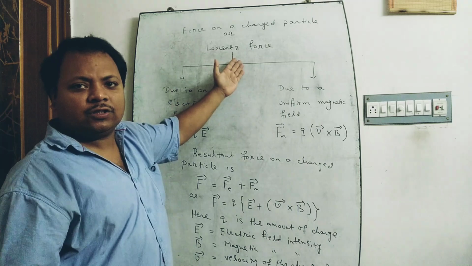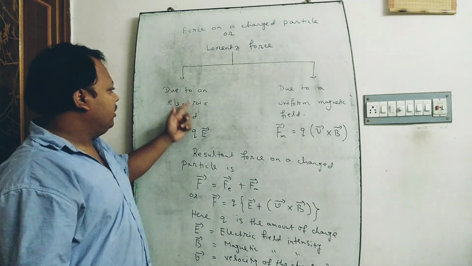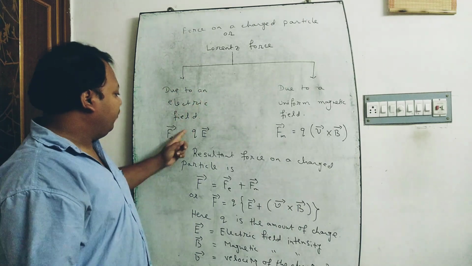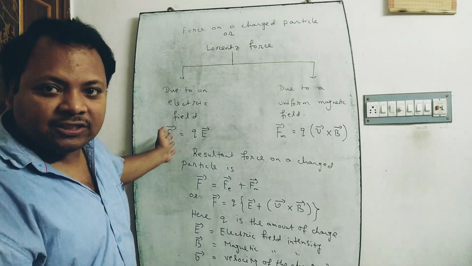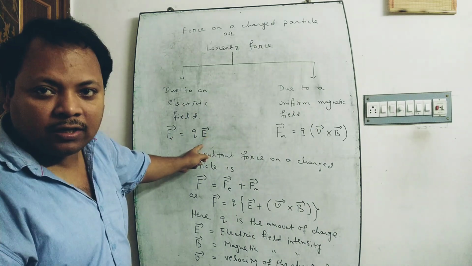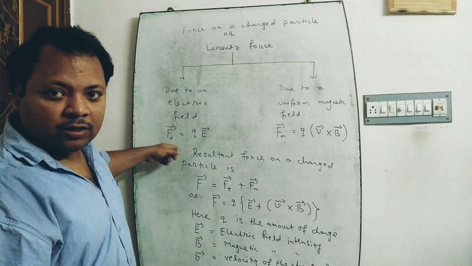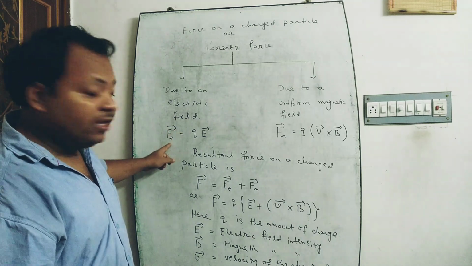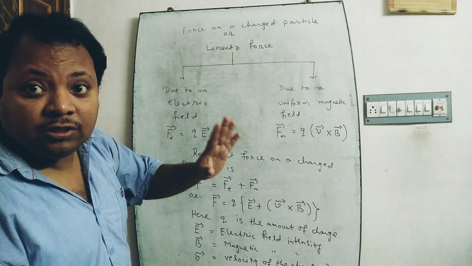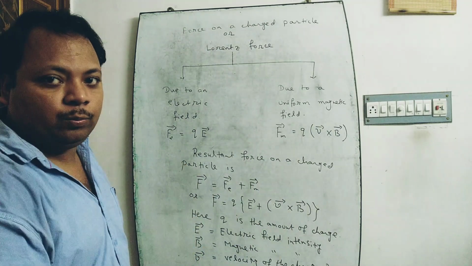First, the Lorentz force is of two types. One is the force due to an electric field. It can be expressed as Fe is equal to Q into E vector. Here F vector, this Fe, denotes the force on a charged particle due to the electric field.